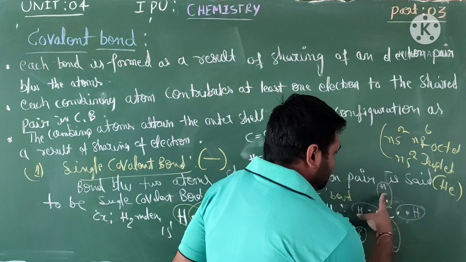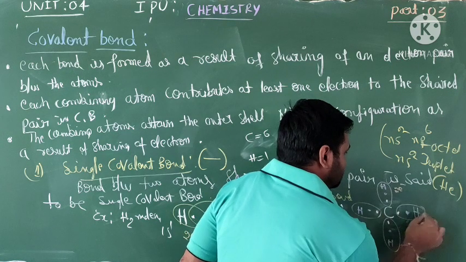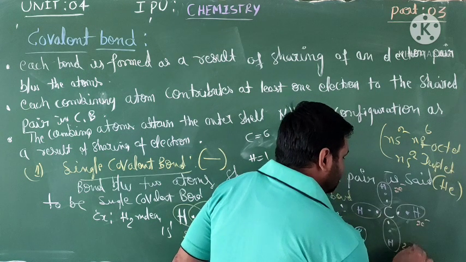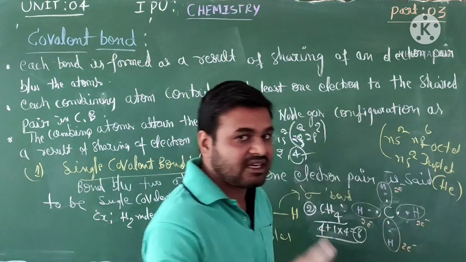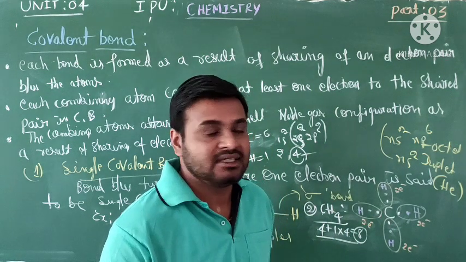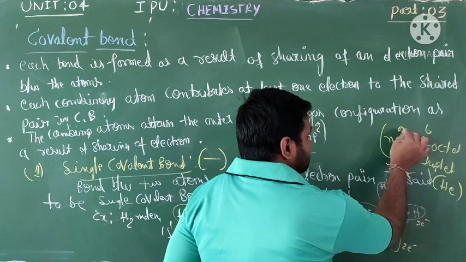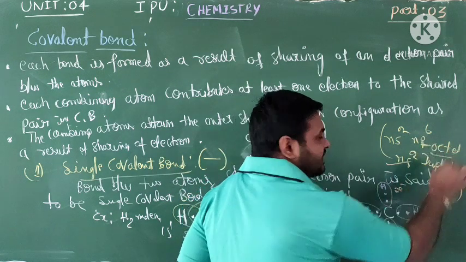See here, 2 electrons, 2 electrons, 2 electrons in each bond. So carbon has 6 plus 2, 8 electrons, an octet too.